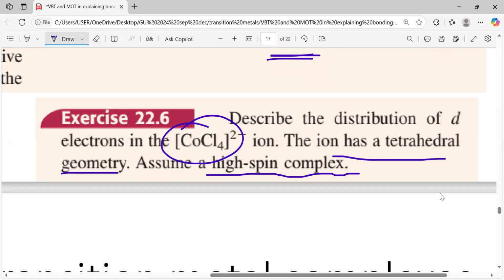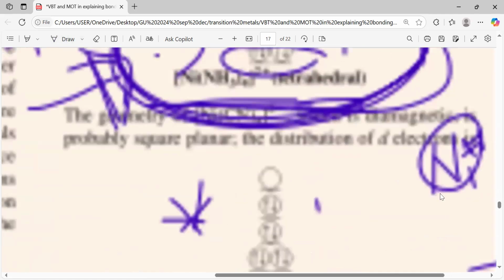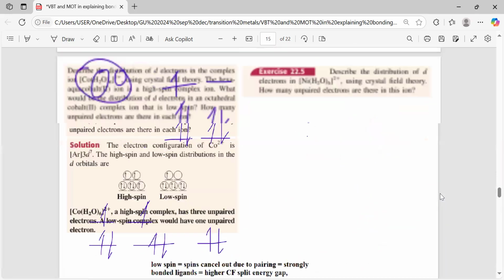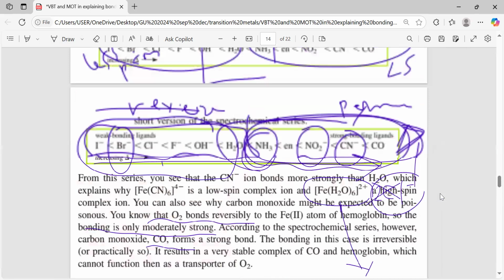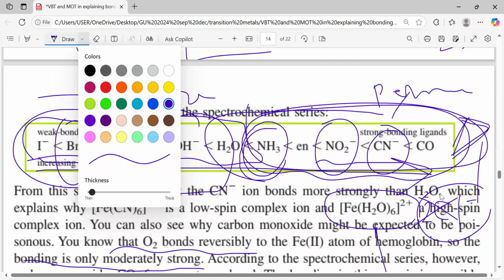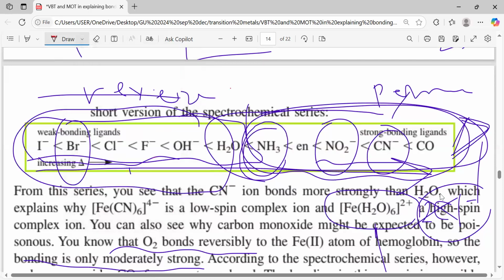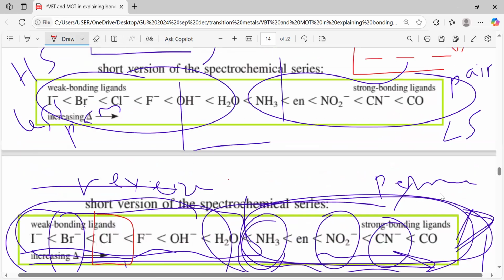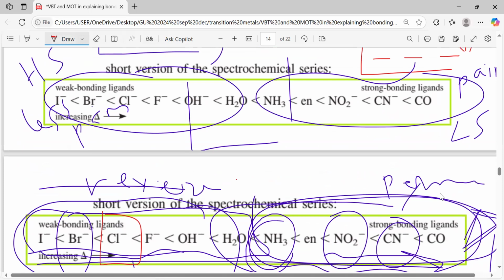Unfortunately, that is not what we expect. Why? Because in the spectrochemical series, we are expecting chlorine to be somewhere else. See where chlorine is. But we have been told chlorine ordinarily will give you low spin because the split is small here.